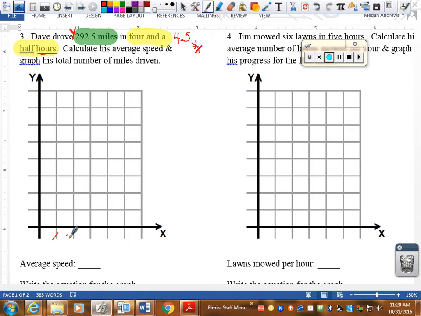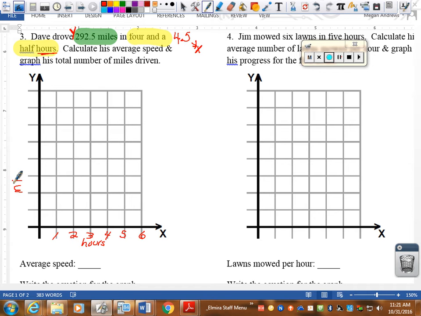So again, I can easily make 4.5 counting by ones across the bottom, and I'm going to label that hours. Up the side, 292.5 miles.